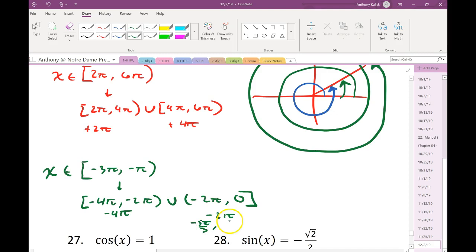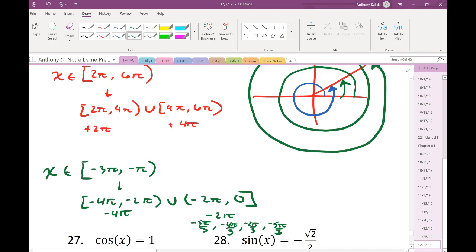When I subtract 2 pi from 2 pi over 3, I get negative 4 pi over 3. When I subtract 2 pi from 4 pi over 3, I get negative 2 pi over 3. And when I subtract 2 pi from 5 pi over 3, I get negative pi over 3.